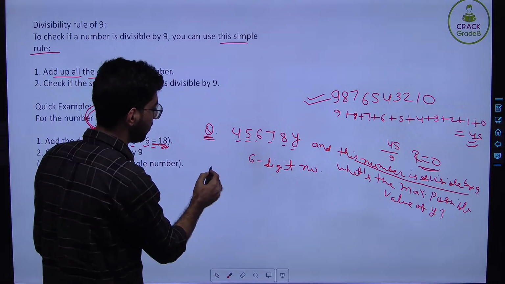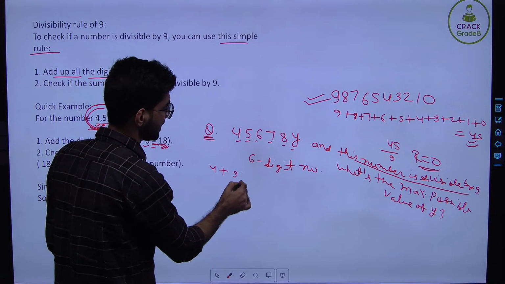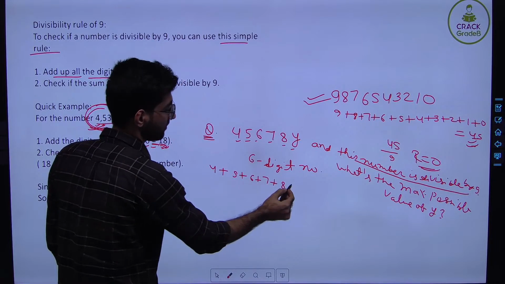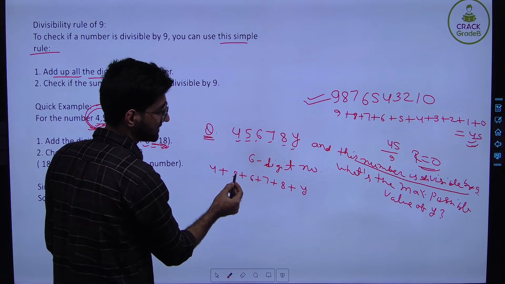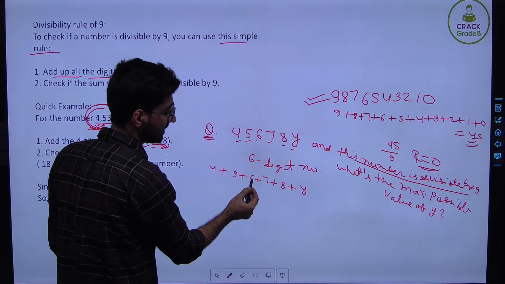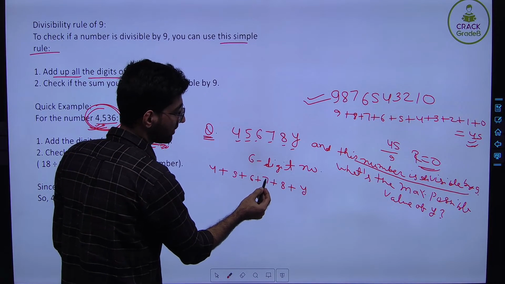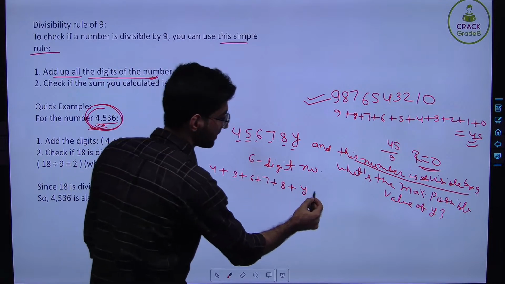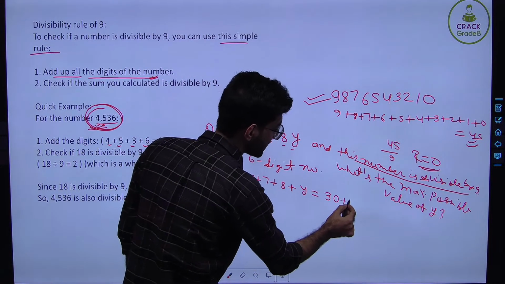So if you add all the digits, 4 plus 5 plus 6 plus 7 plus 8, then plus y: 4, 5 is 9, 9, 6, 15, 15, 7, 22, 22 and 8 is 30, right? 30 plus y.